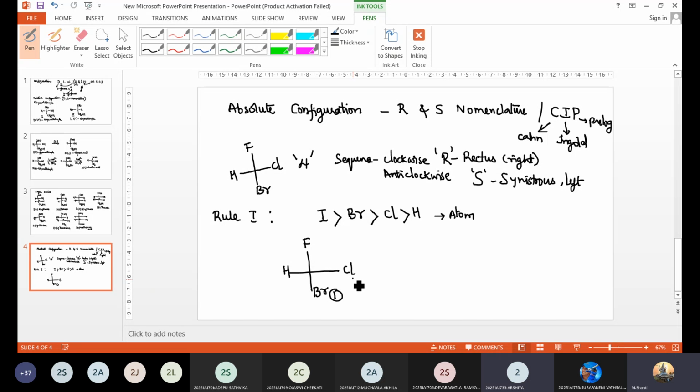Chlorine is high, so the second priority goes to chlorine. Third priority goes to fluorine, and the last priority to hydrogen. So the order of priority is bromine greater than chlorine, greater than fluorine, greater than hydrogen. This is rule 1.